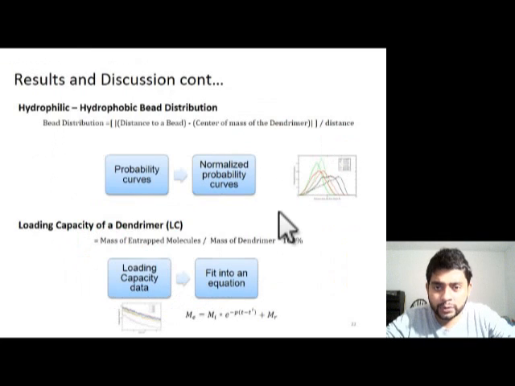We also try to observe hydrophobic and hydrophilic bead distributions and loading capacity data.